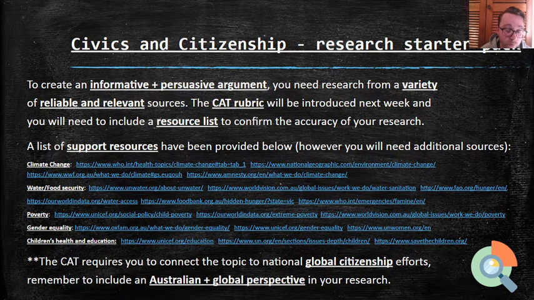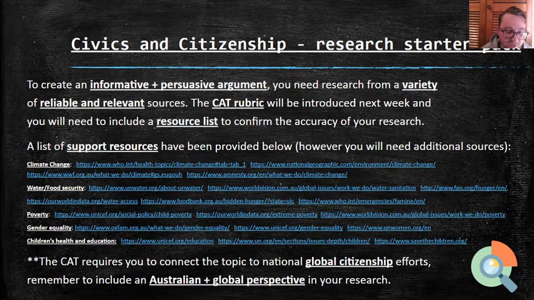You can't just say, for your resource list, Mr. Tapley gave me some sites. You need to actually do a bit of research yourself. Find stuff that is reliable, so it's coming from a good source, it's informative, it's not someone's opinion, it's based on facts and science, and it is recent and relevant. So it's stuff not from the 1800s, not from the Industrial Revolution.